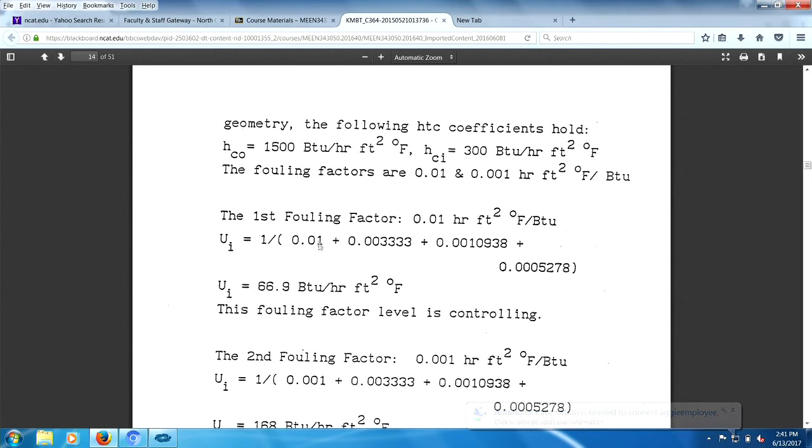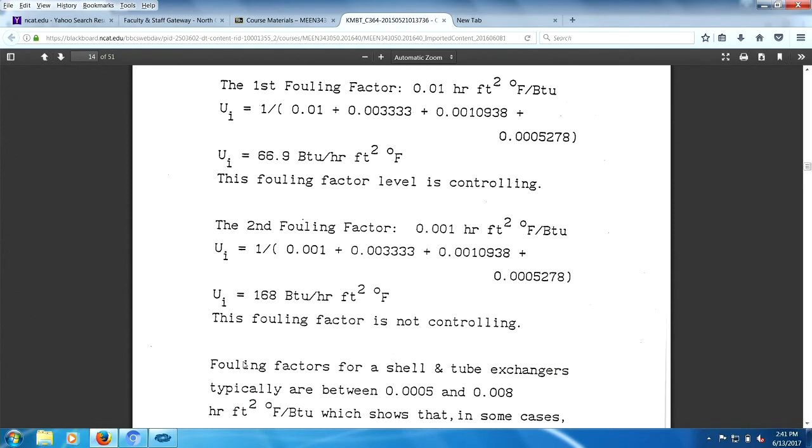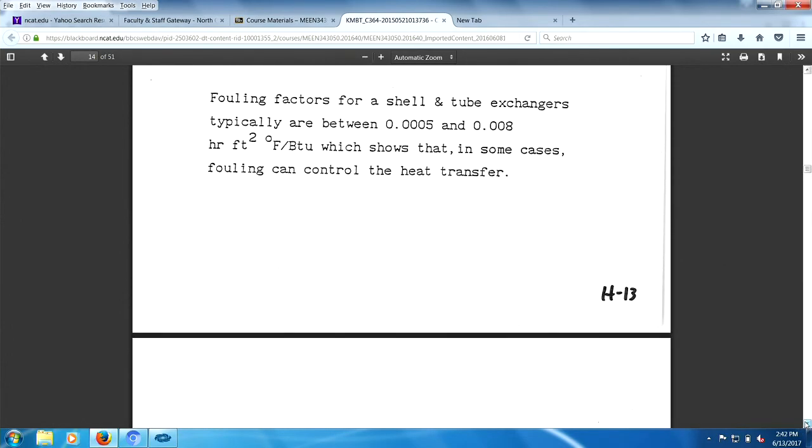So what happens is the first fouling factor is the controlling resistance, right? This fouling factor is not controlling. This fouling factor is controlling, this 0.01. So these are fouling factors for a shell and tube heat exchanger. Maybe you don't understand fouling factors, but you will eventually.